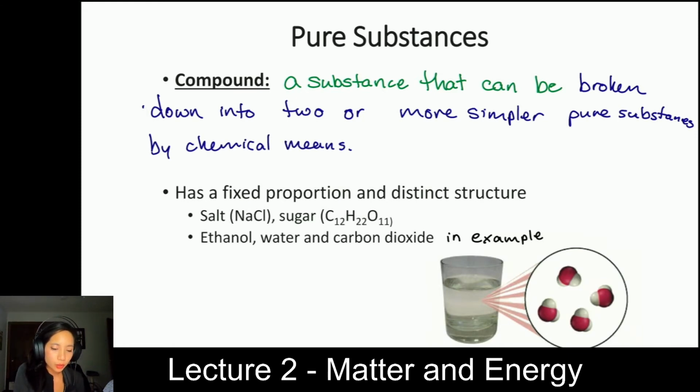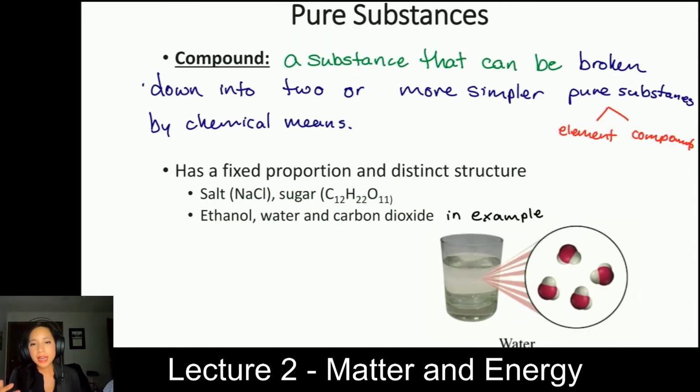So remember what types of pure substances there are. You can either have an element or a compound. If you can take a compound and break it up into smaller, simpler compounds, that first original thing is a compound. If you can take a compound and split it up into elements, your original thing is also a compound.